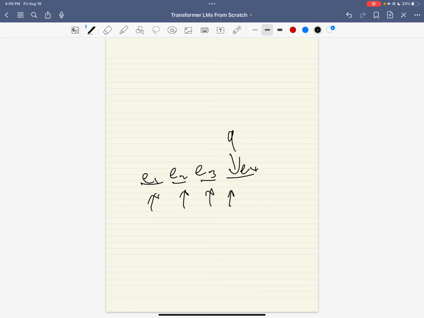Your query is actually not going to be E4. It's going to be equal to the Q matrix, which we call the query matrix, times E4. The Q matrix is going to be a matrix of size 1,000 by 1,000.